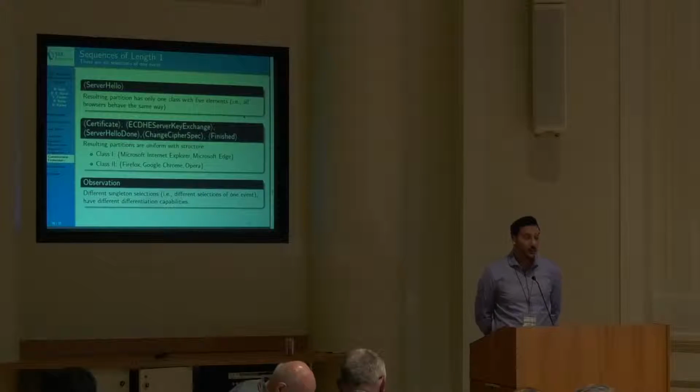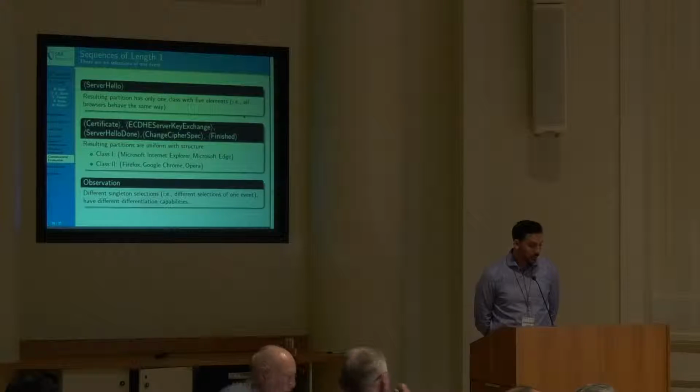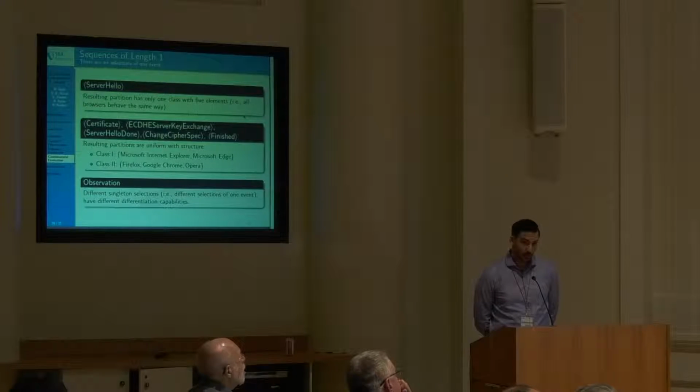Now let's look at sequences of length 1. That means we just sent 1 event. If we just respond with server hello, all 5 browsers behave the same way. When we send 1 event, which is either certificate, key exchange, server hello done, change cipher spec, or finished, as a sequence of length 1, we see the result is a uniform partition, but it has 2 parts.